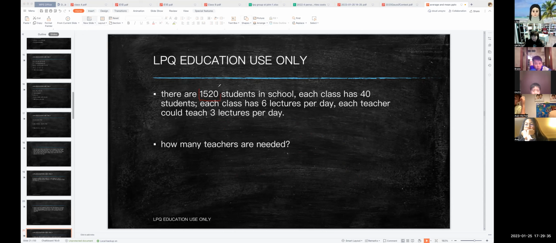Okay, this question is nothing hard, but just reading the question properly. 一共有1520个人，每个班有40个人。通过这两句话, when we read these two, can you find out how many classes there are? So first of all, let's find out how many classes there are. 38 classes.